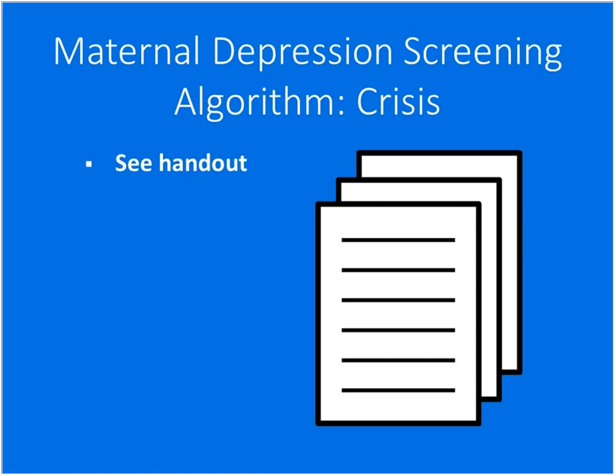And the last algorithm that was created back in 2014 is the crisis intervention algorithm. And this is when it's determined that a mother is either suicidal or homicidal, this is where you want to use this crisis algorithm. And I would really encourage you to be thinking about this ahead of time.